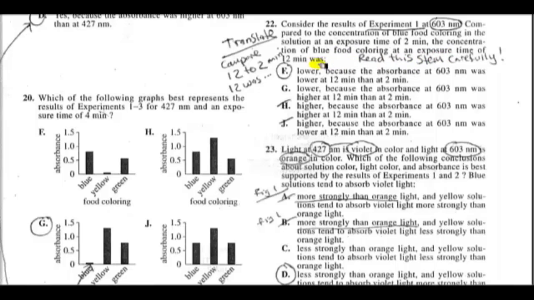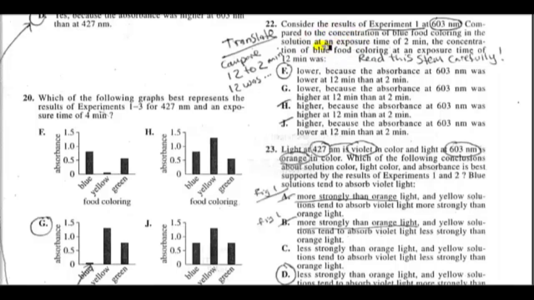First things first, this is a classic ACT trick. They give you a question stem that's longer than 2 lines long. And for the most part, when you read it one time, you have no idea what you just read. You said something about experiment 1, blue food coloring, 603, 12 minutes and 2 minutes. But you don't really understand what they're asking you to do here.